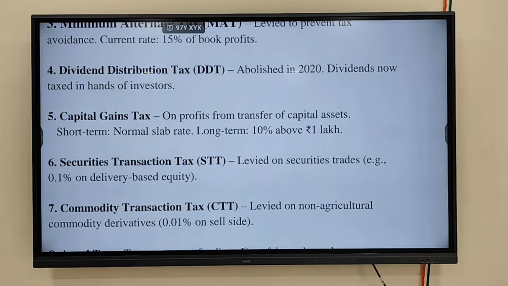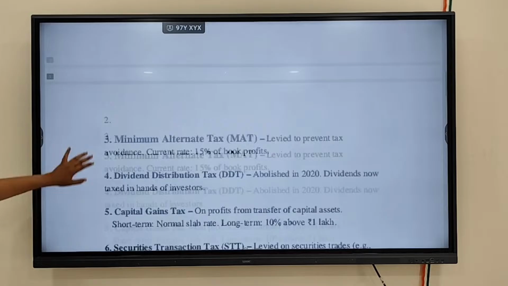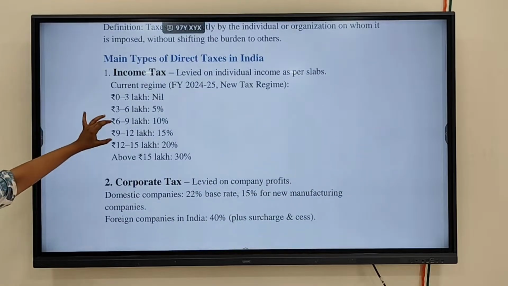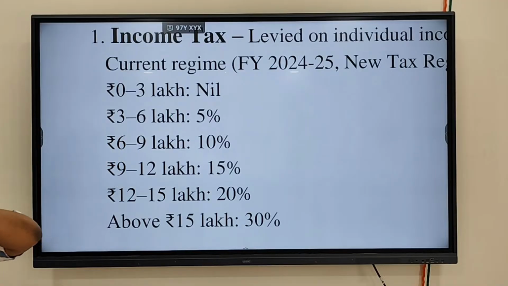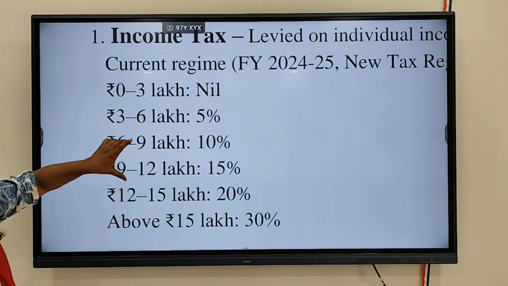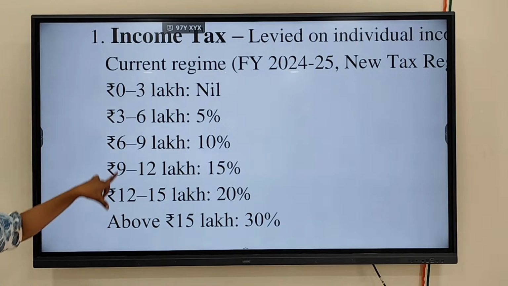That you should tell. Understood? Whatever the tax slab is there, yearly it gets changed.